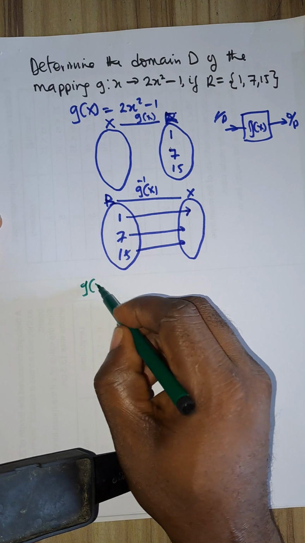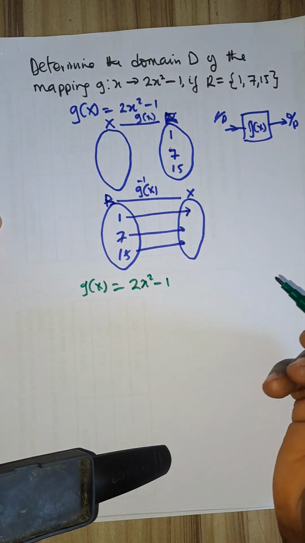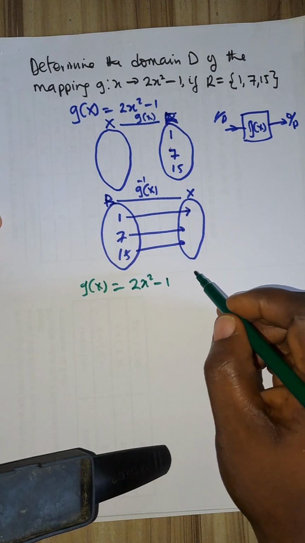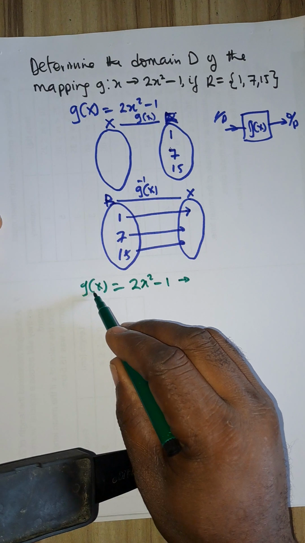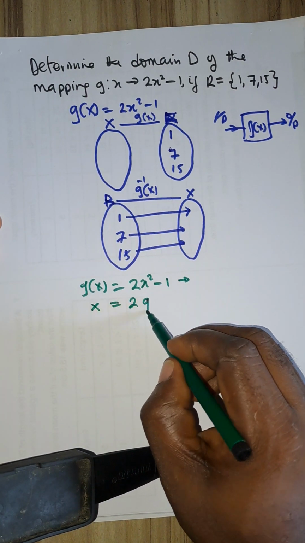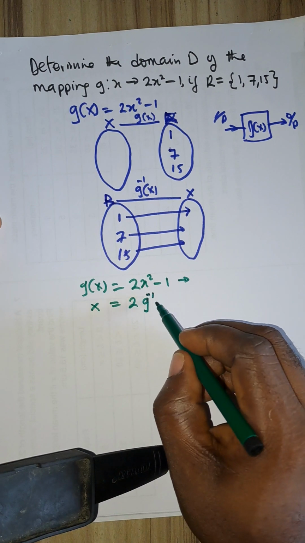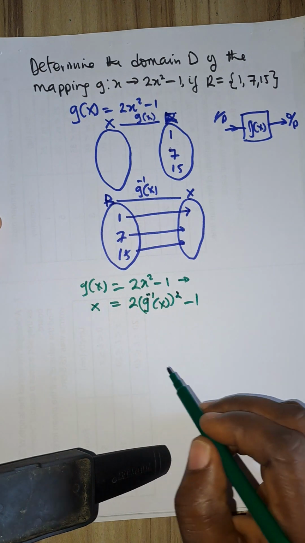So g(x) is 2x squared minus 1. In working out the inverse, g(x) becomes x and x becomes g inverse of x. You see that? So we have x equals 2 g inverse of x squared minus 1.